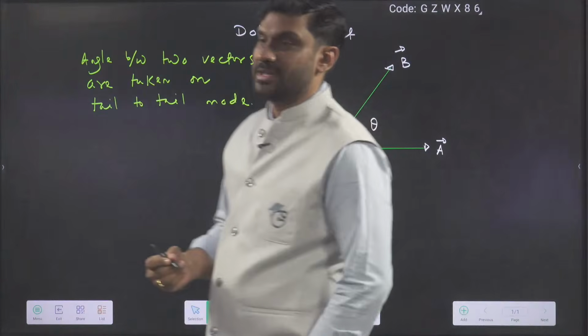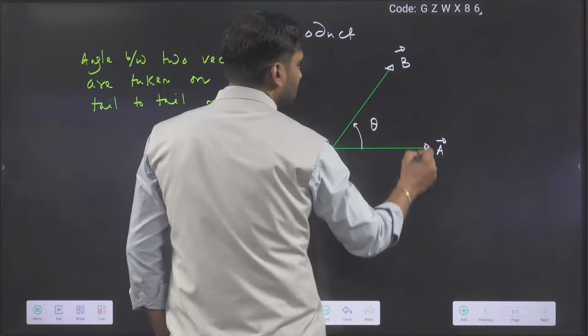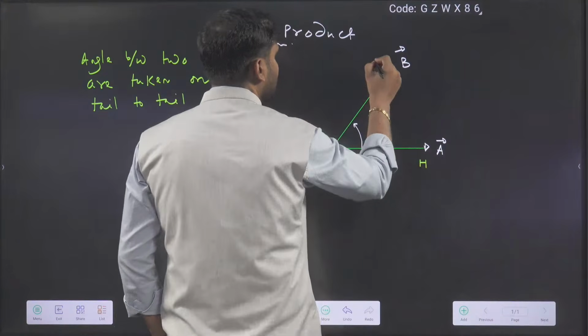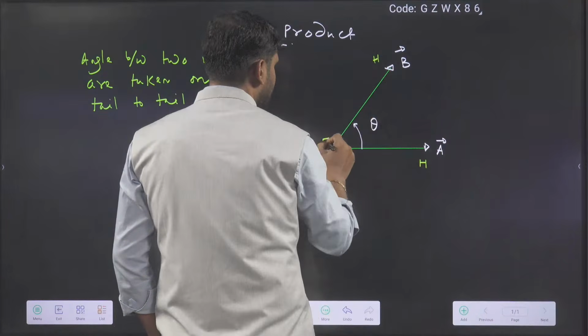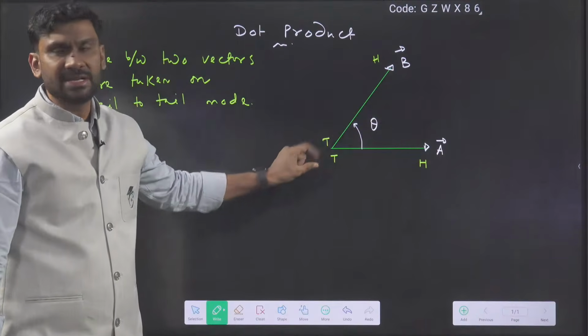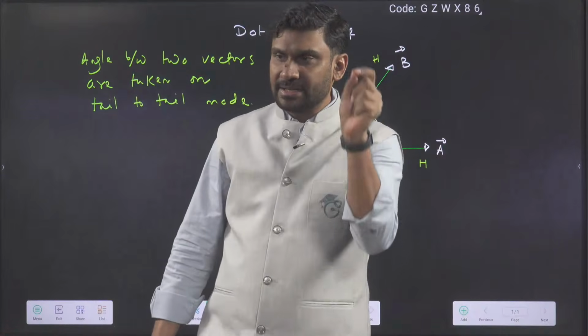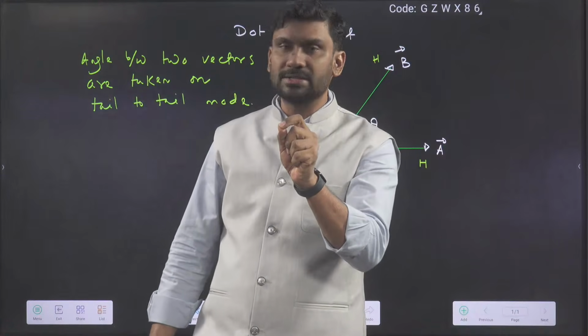What do you mean by this? Look at these two vectors. This is the head of A vector. This is also the head of B vector. This is the tail of B vector and this is the tail of A vector. So their two tails are meeting. Wherever the two tails of two vectors are meeting, there we take the angle between the two vectors, right?